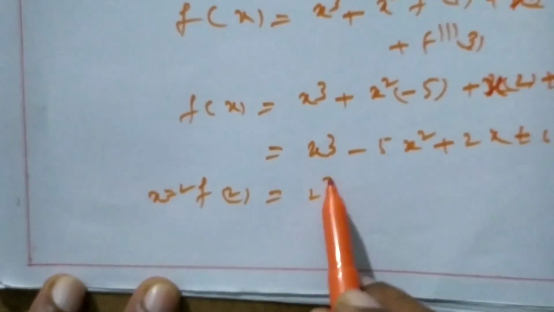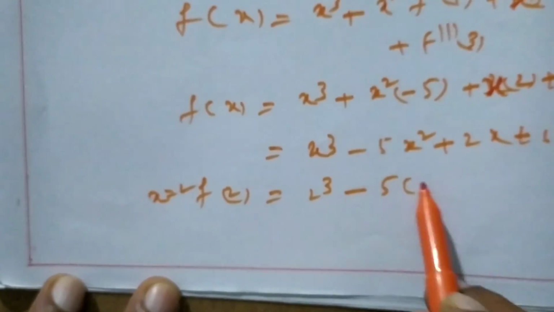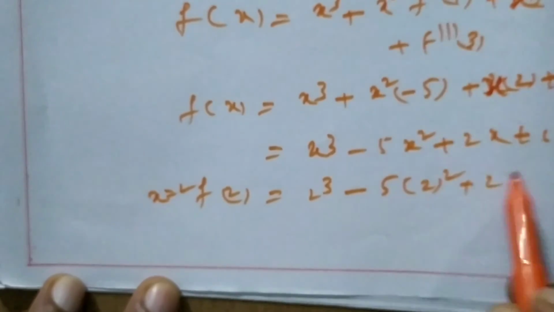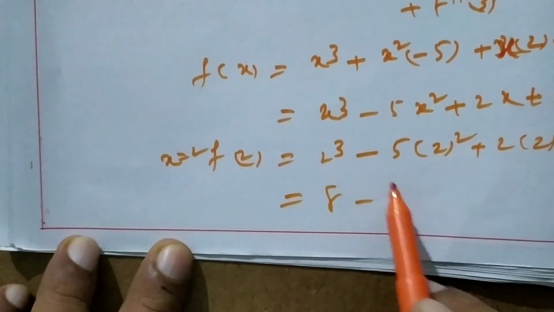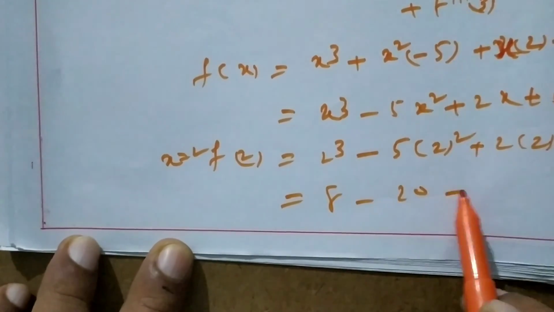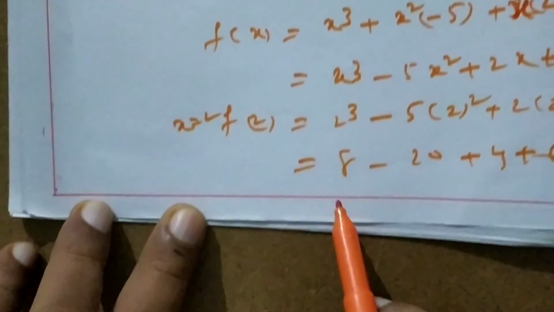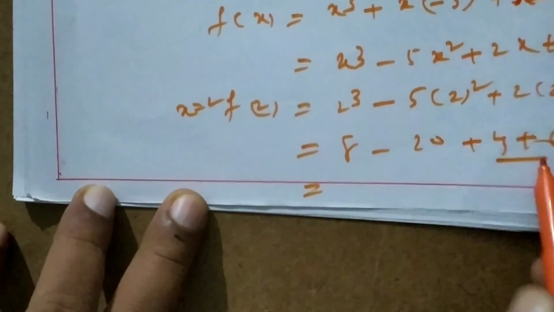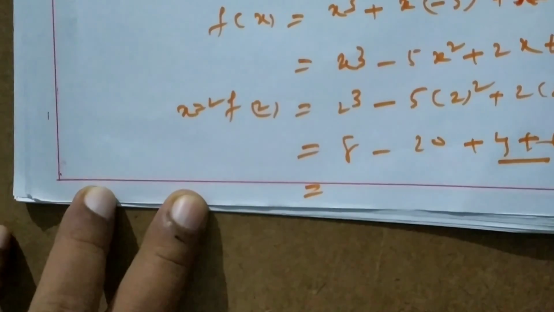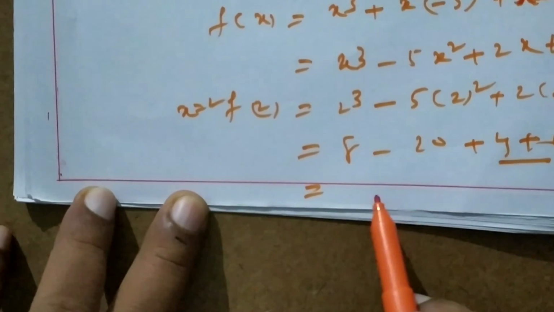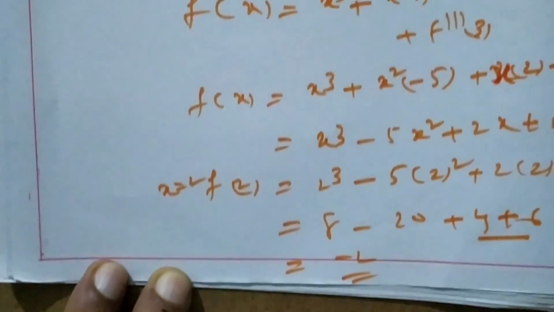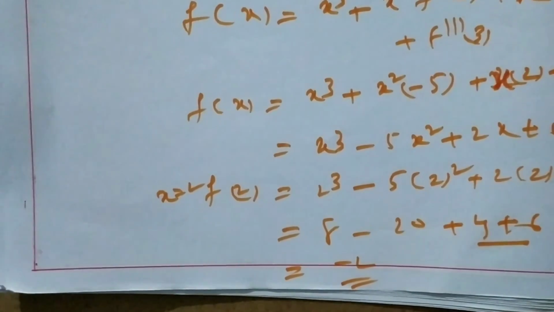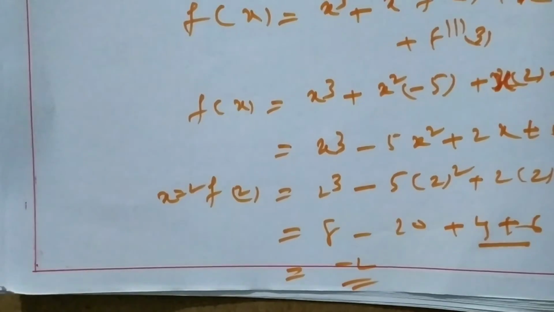That is 2³ - 5 × 2² + 2 × 2 + 6, which is 8 - 20 + 4 + 6, that is 18 - 20, which is -2. If there is any calculation mistake, once again verify. This is the actual way of doing these kinds of sums.